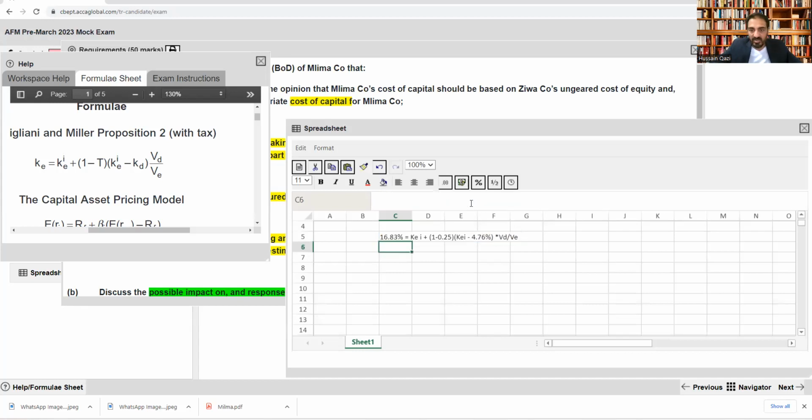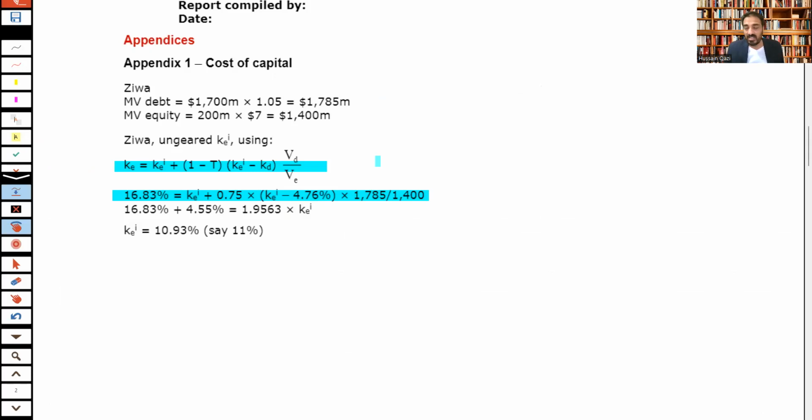That is 4.76%, the Ziva value. All the values must be taken from Ziva. If you want to add this step, it's your wish. Otherwise, calculate directly with the calculator and put in the values. Do remember that if you engage with more steps here, you are actually losing your time, so no need to mention them.